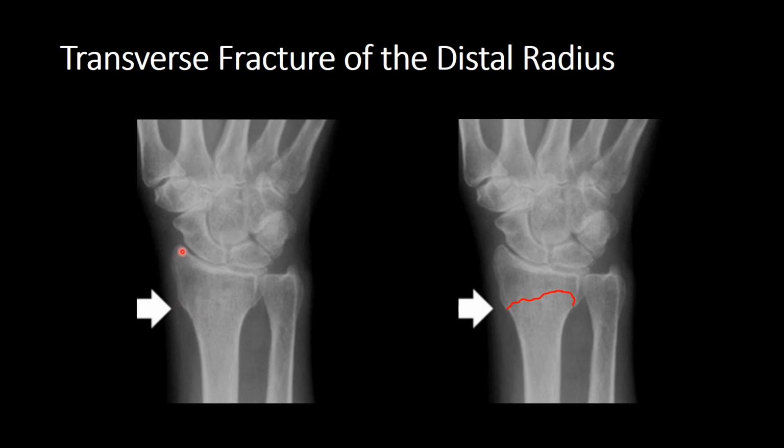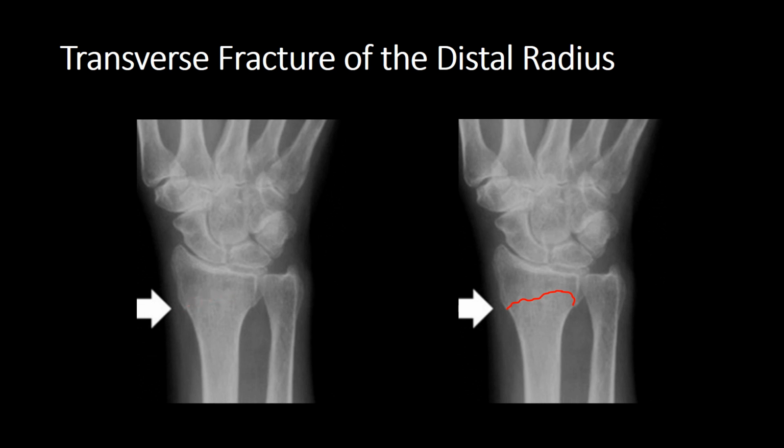And as we come round the other side and down the medial cortex of the distal radial metaphysis, again, there is this almost invisible step in the cortex. If you look very carefully, you have this faint sclerotic line, and this is your undisplaced fracture. Technically, it's impacted because the bone fragments have crushed together to create that sclerotic line.